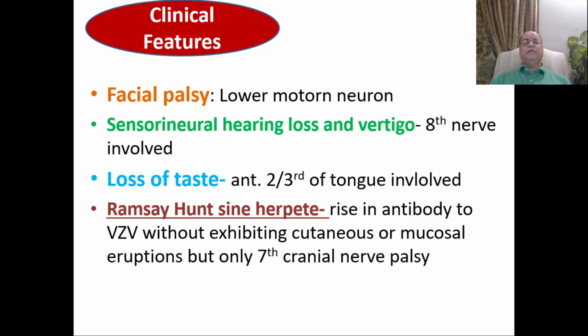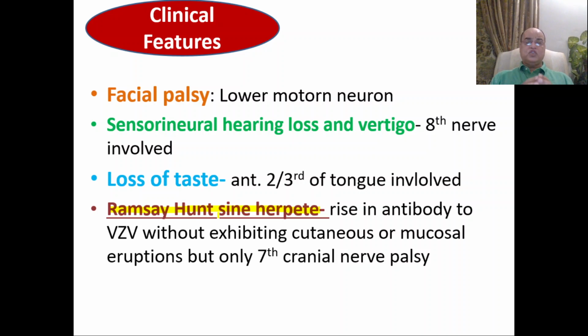Now it is very important at this stage to differentiate what is herpes zoster oticus, what is Ramsay Hunt syndrome, and what is this terminology which is here, that we call Ramsay Hunt sine herpete.